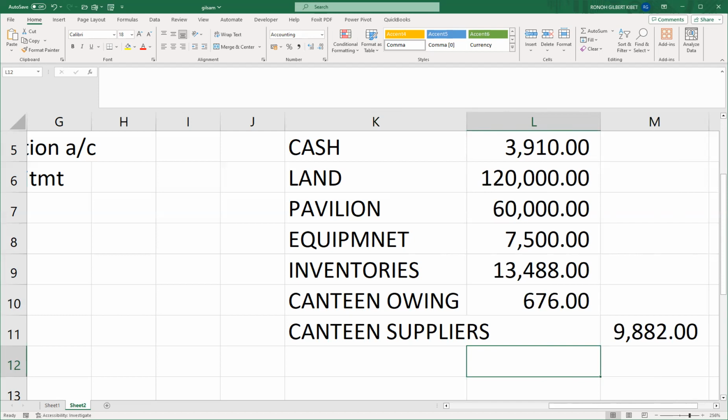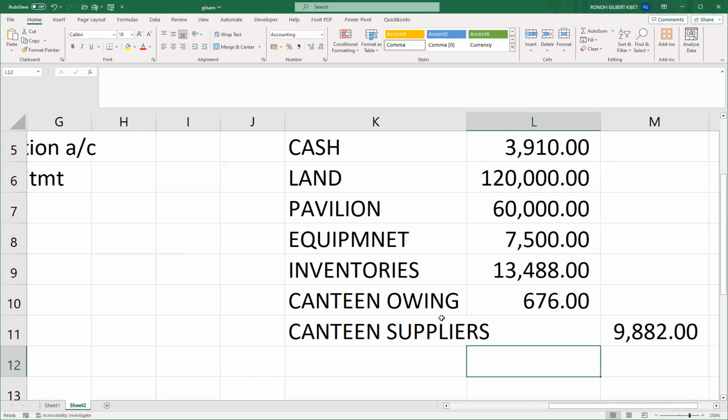Are we including the things that are in the receipts and payments statements? Just finding out the question. We have put the canteen expenses owing. We have put inventories.